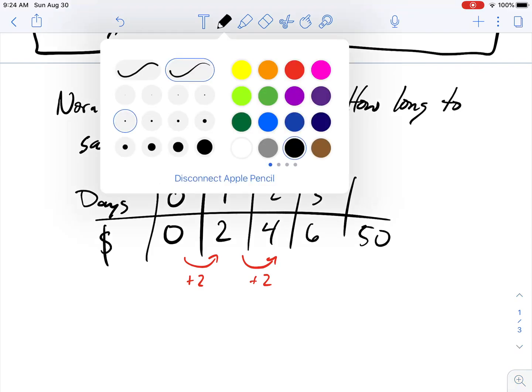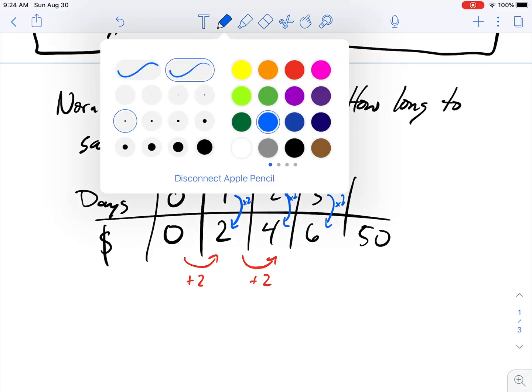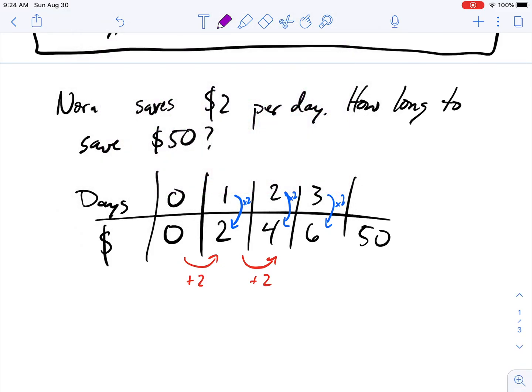Or you can ask yourself, how do you get from the top to the bottom? Or how do you get from the bottom to the top? Okay? So one way is from top to bottom. To get from 1 to 2, you're multiplying by 2. But here, you might notice we're at the bottom and we want to go up to the top. So what's the opposite of multiplying by 2? Dividing by 2.